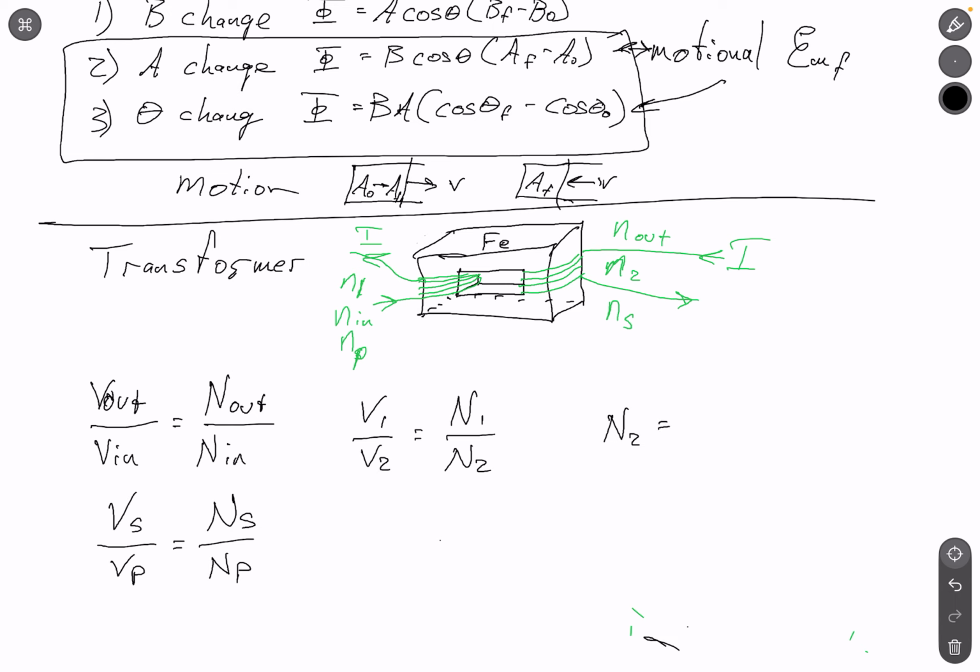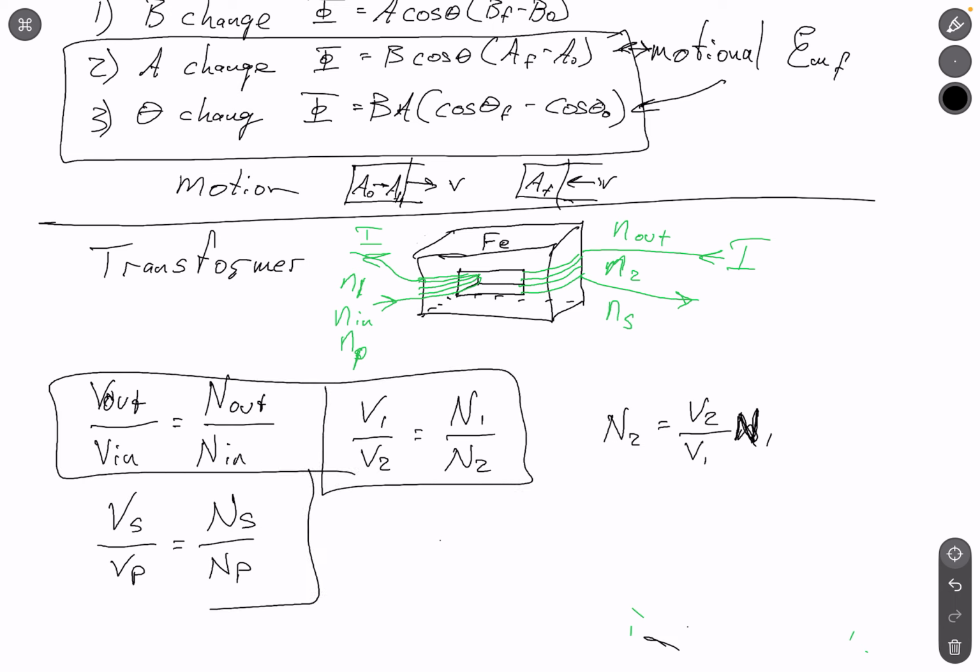If you want to solve for N2, then you're going to take V2 and divide by V1 and multiply by N1. All right, and so on and so forth. So these are the main transformer equations. This is the same equation, I just wrote it in terms of the different V's and N's, okay?